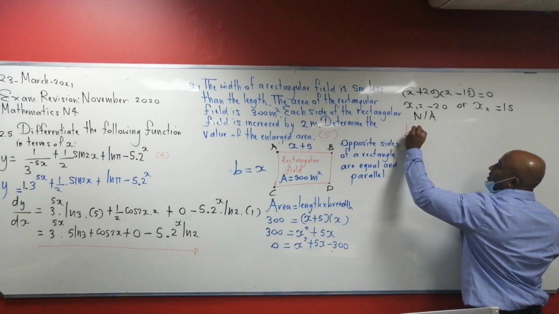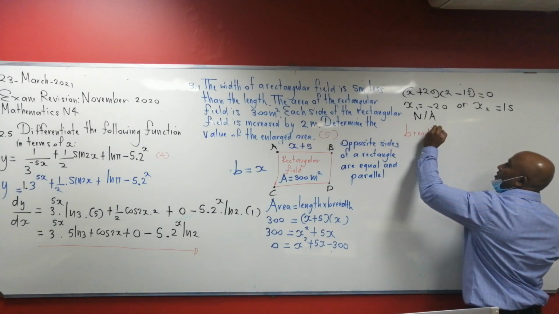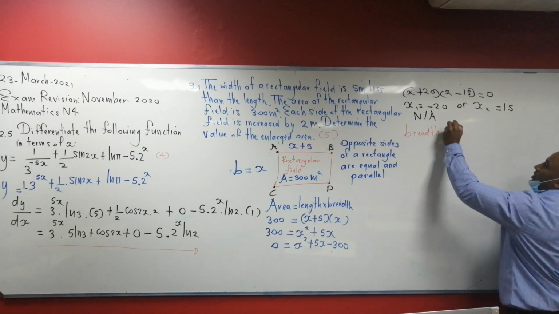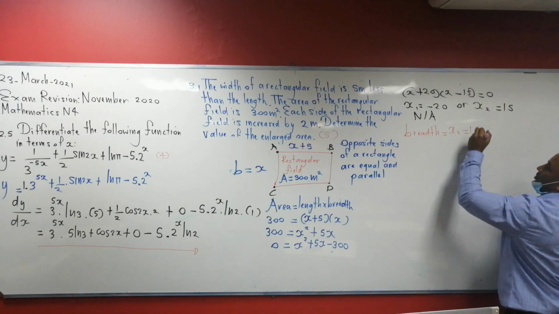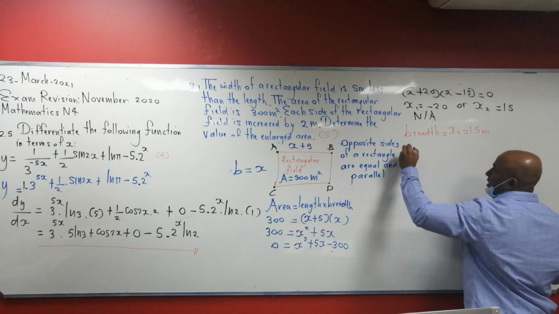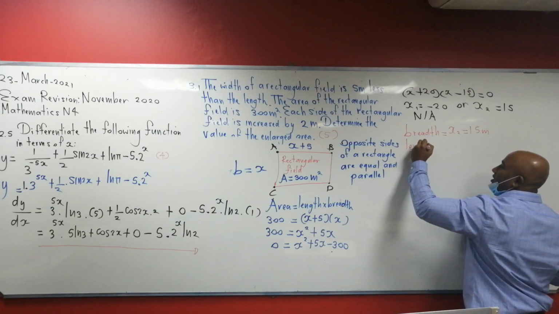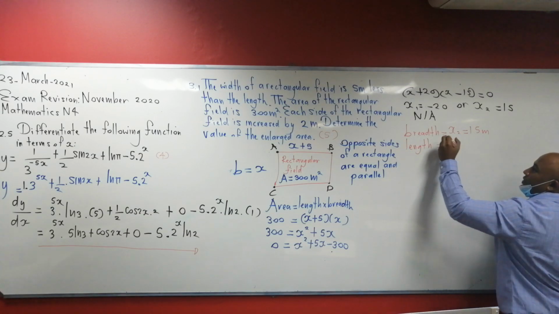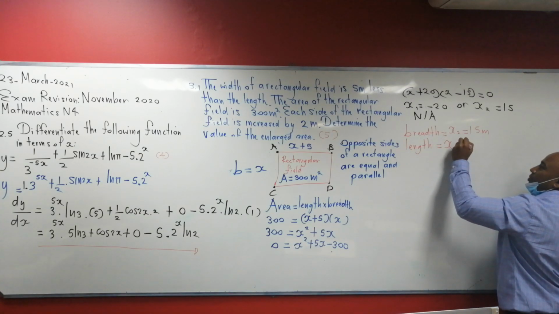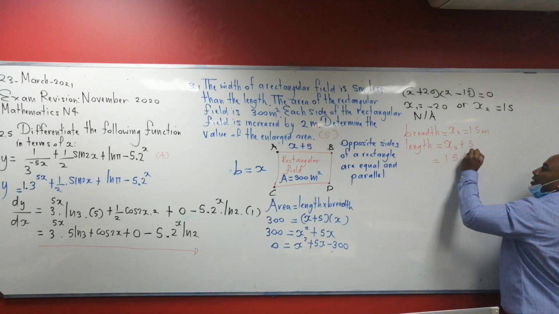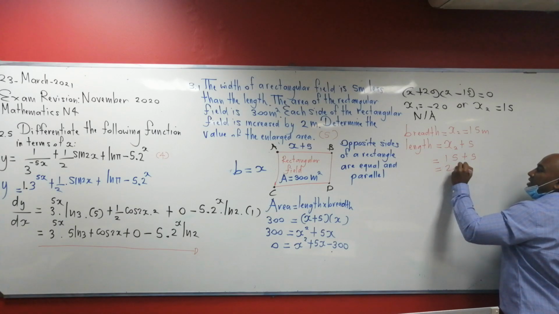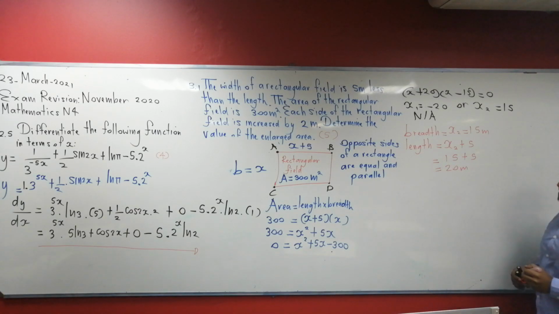Our breadth is equal to x2, which is equal to 15 meters. The length is equal to x2 plus 5, which will be 15 plus 5, which is 20 meters, of a rectangular field.